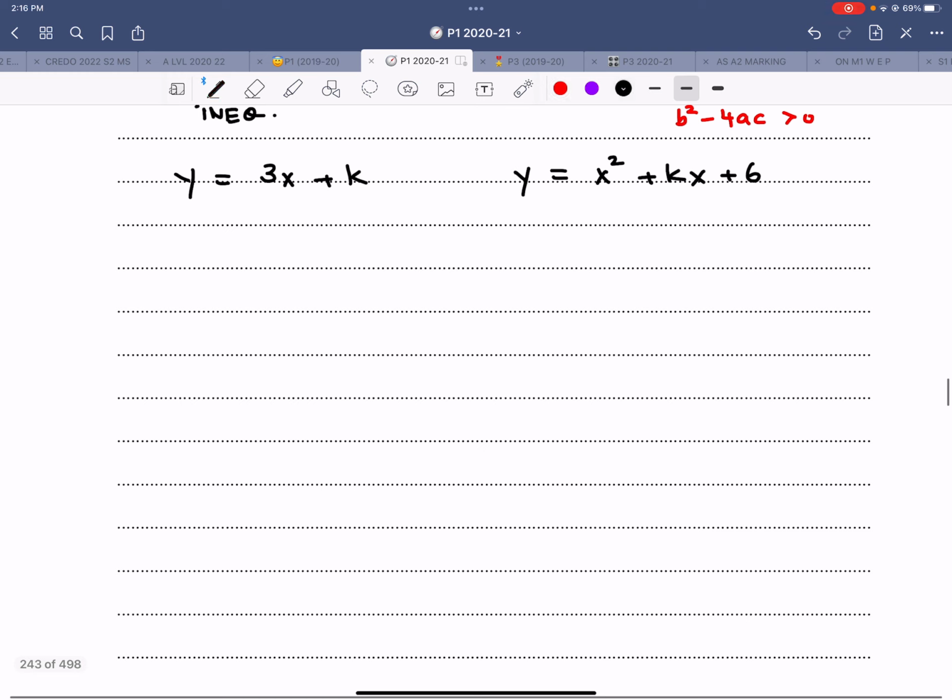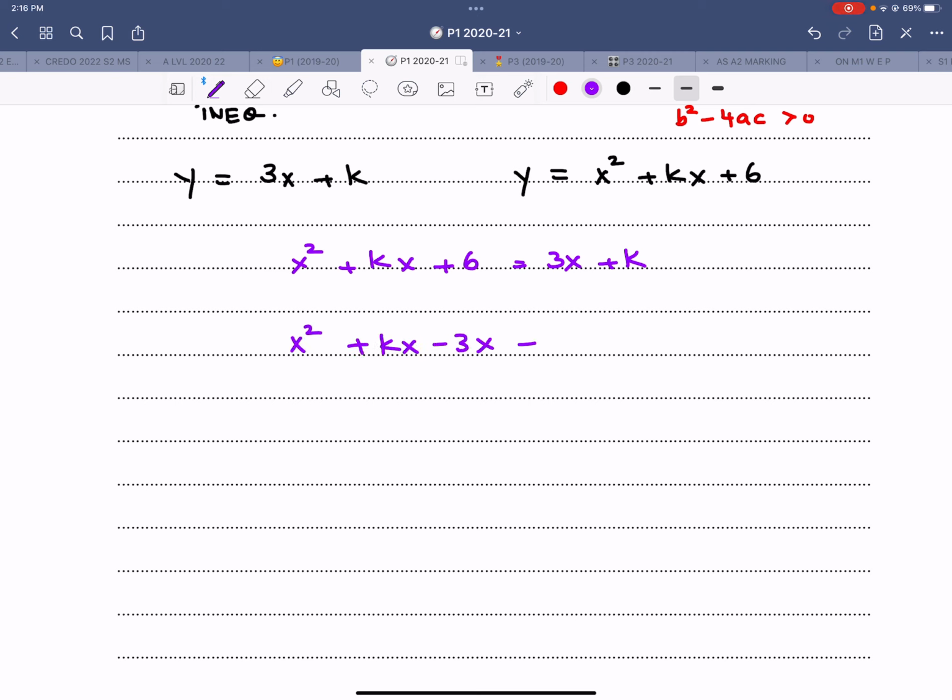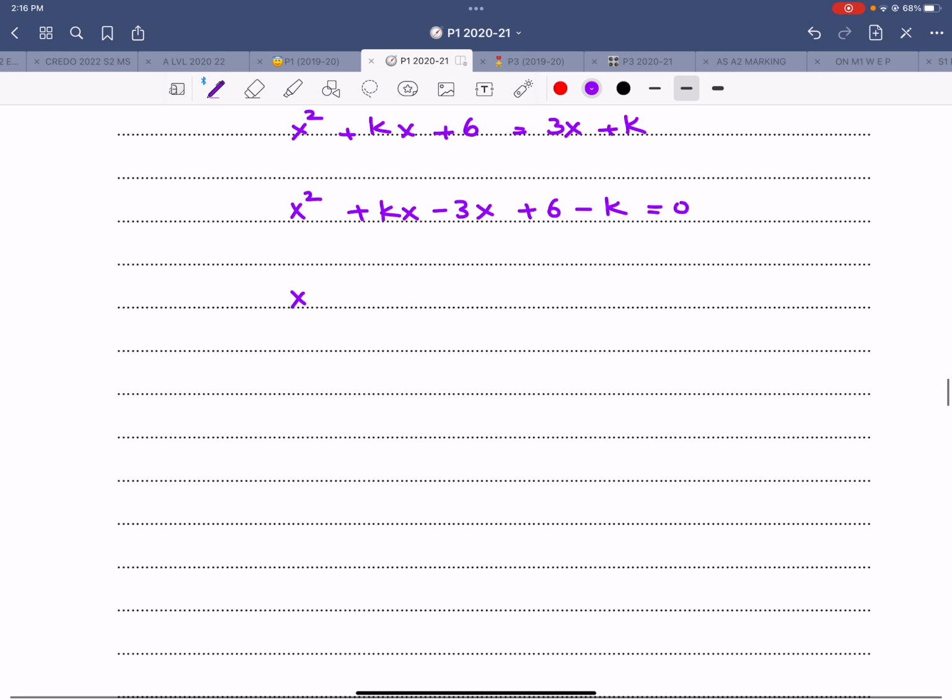First, make a single quadratic equation. X square plus kx plus 6 equals to 3x plus k. X square plus kx minus 3x plus 6 minus k equals to 0. Simplify it further. X square, k minus 3 is the coefficient of x. 6 minus k is the constant term.